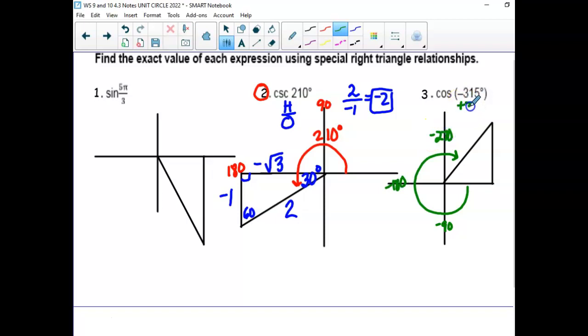Or you would just add 360 to it and get 45 degrees. Would that be what most of you would do? So it is a 45 degree reference angle. Does anybody remember that pattern? Both legs are the same, and the hypotenuse is that number times square root of 2. So if we put 1, 1, and square root of 2.